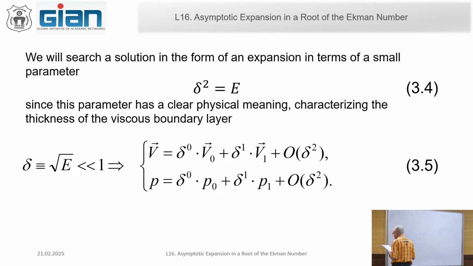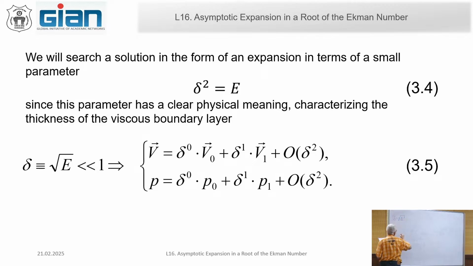So as a standard approach, we will search a solution in the form of an expansion in terms of a small parameter delta, equal to the square root of the Ekman number.